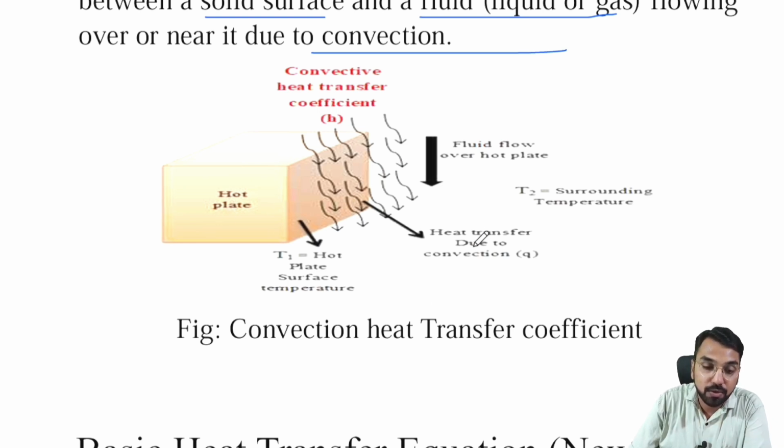This is heat transfer Q due to convection, and the flow of fluid over the hot plate is shown by these arrows. T1 is the temperature of the hot plate and T2 is the surrounding temperature.